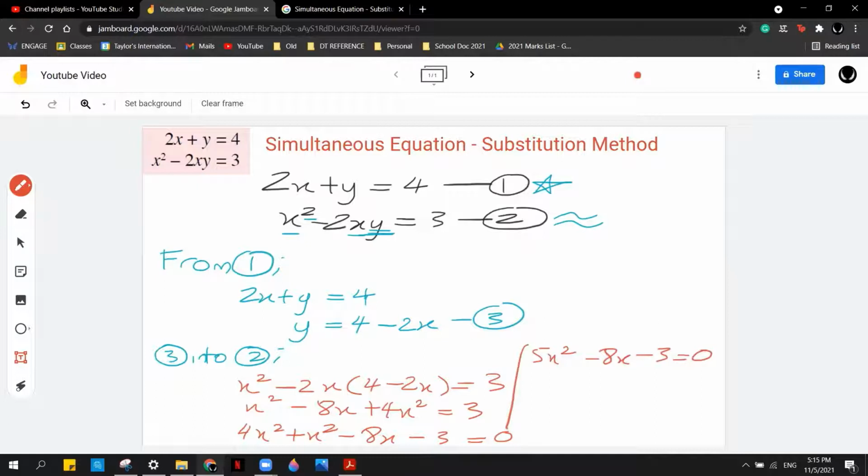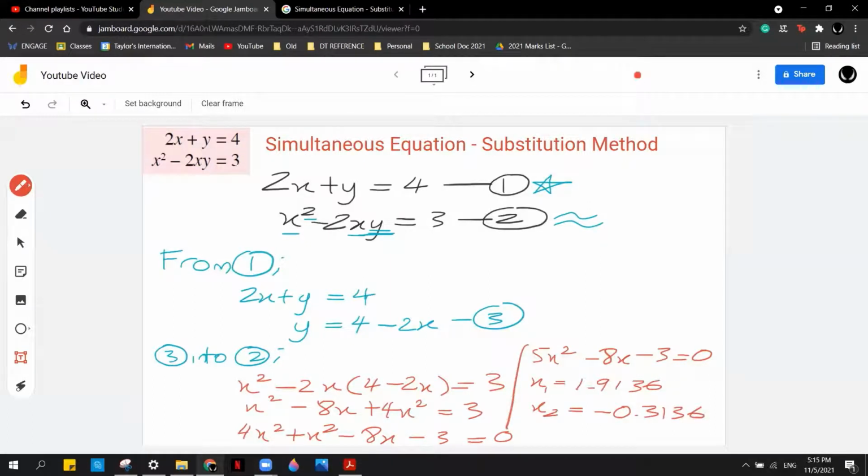With that said, I'm just going to use a calculator, and I'm not going to discuss factorization here. By using the calculator, where a is 5, b is negative 8, and c is negative 3, we get x equals 1.9136, and this is x1, and x2 would be negative 0.3136.